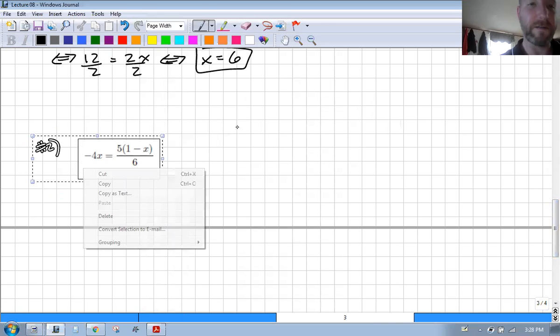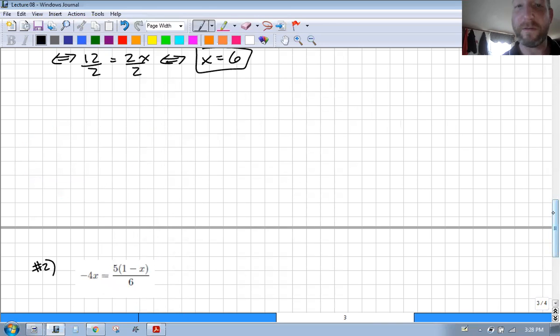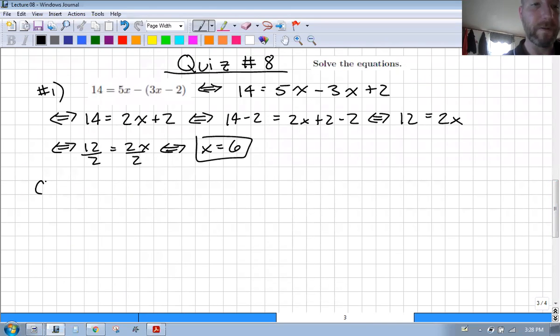Let's check before we move on. Check. All right, the left-hand side is 14, right?